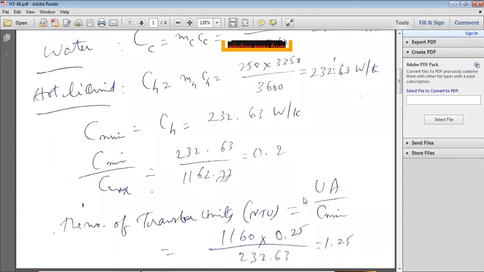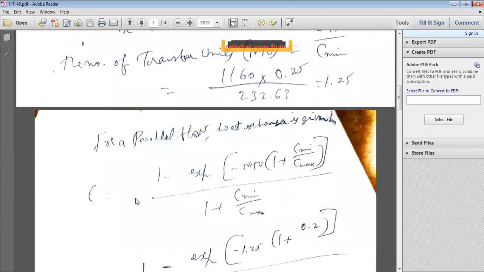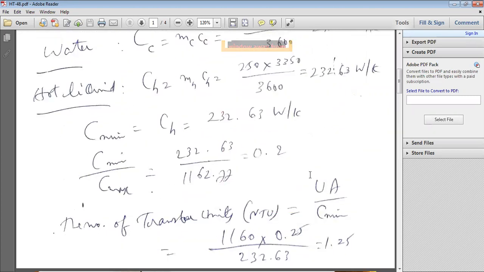Then in our effectiveness formula, that is C minimum by C max. First calculate C minimum by C max.